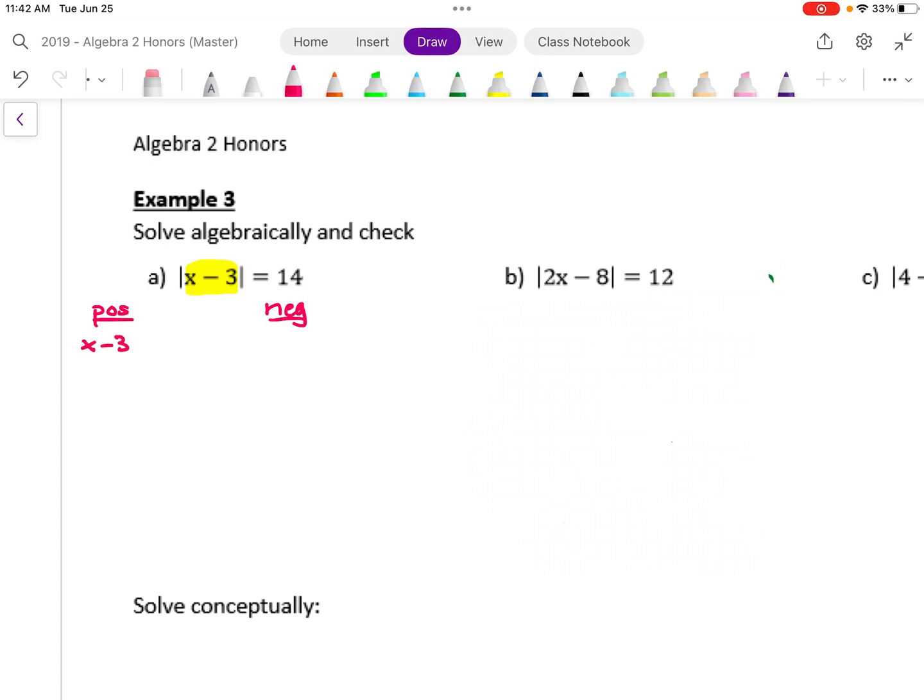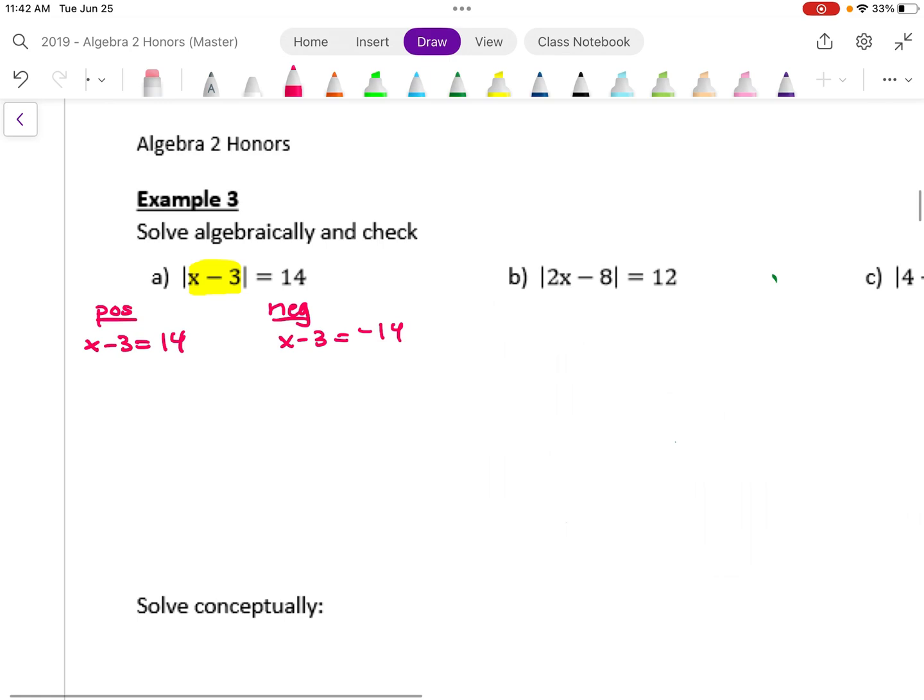So x minus 3 could be +14, or x minus 3 could also be -14, and it would still make the statement true, because we would get -14 inside the absolute value. The absolute value of -14 is still equal to 14.